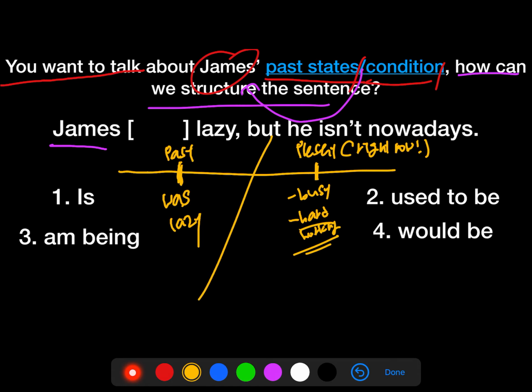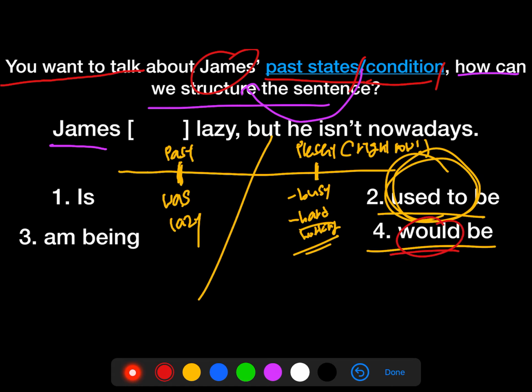It's a past state and condition. And also, we can use would. Is that correct? No. We can use used to when you want to describe past states.